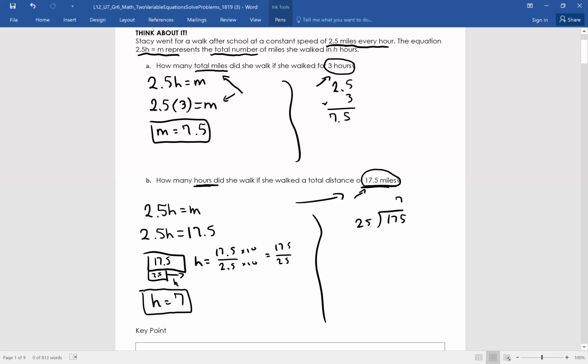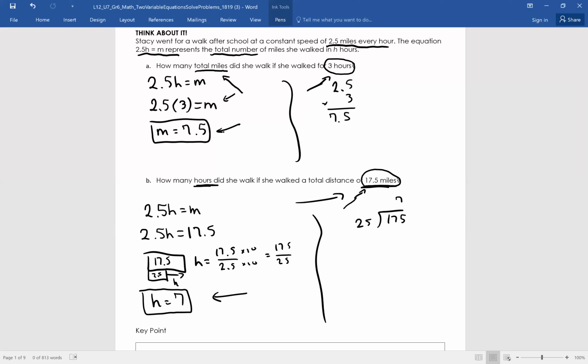So in part B, it would take 7 hours to travel 17.5 miles. Part A, it would take 3 hours to travel 7.5 miles. I'm going to go ahead and come up with a key point for you.